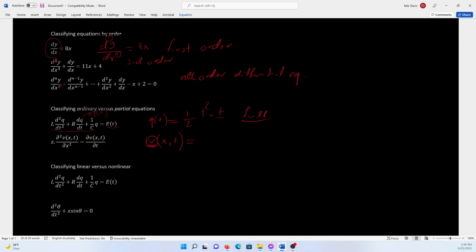You're only taking the derivative of one part of it. In the first example, you're taking the derivative of v with respect to x, not t. And in the second one, you're only taking the derivative of v with respect to t.